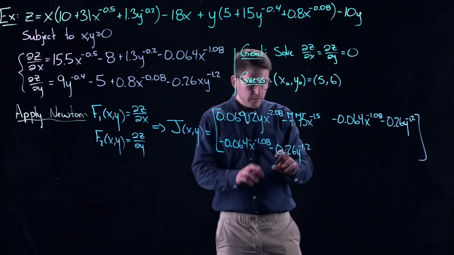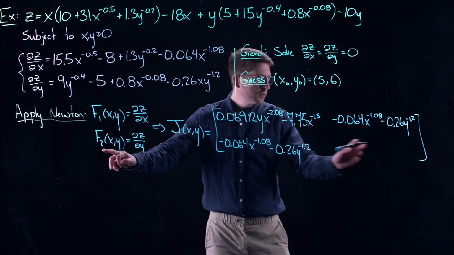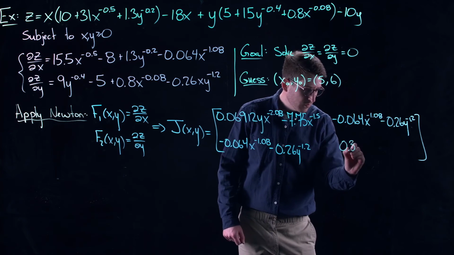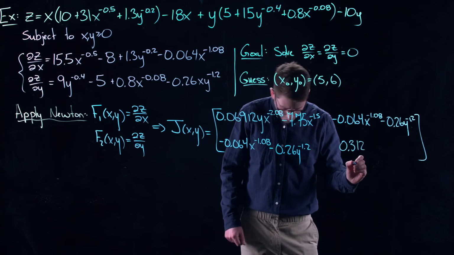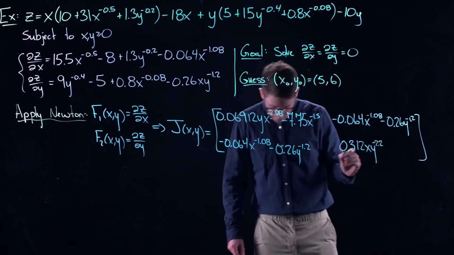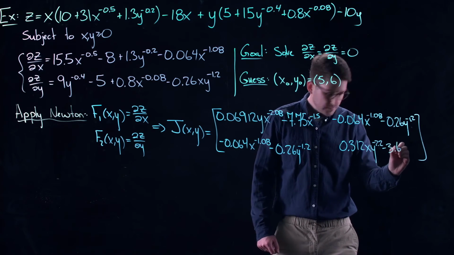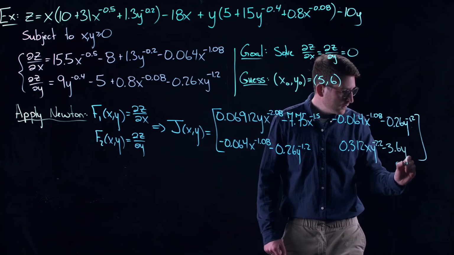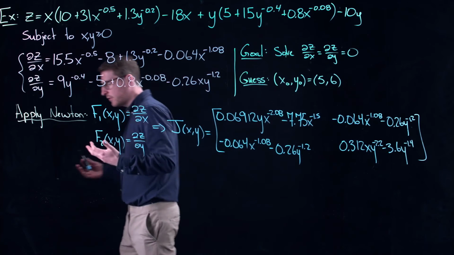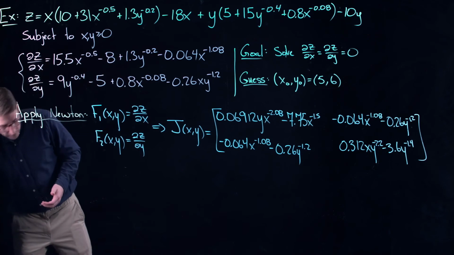And now the partial derivative of f2 with respect to y, that's all that's missing here. I get 0.312 x y to the minus 2.2, and then minus 3.6 y to the minus 1.4. So it's not pretty. I don't love looking at it, but that's okay, right?